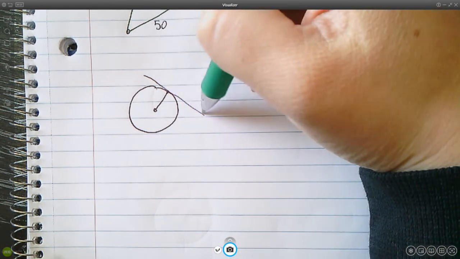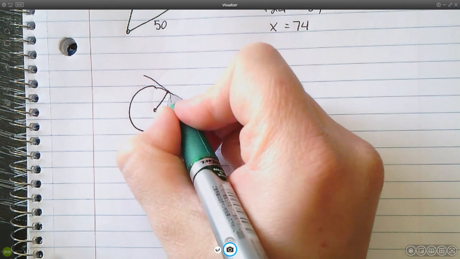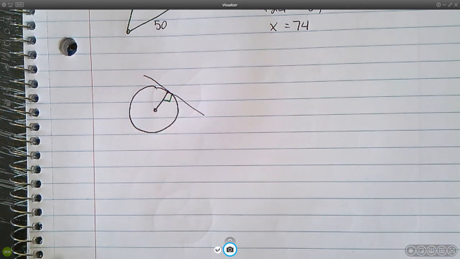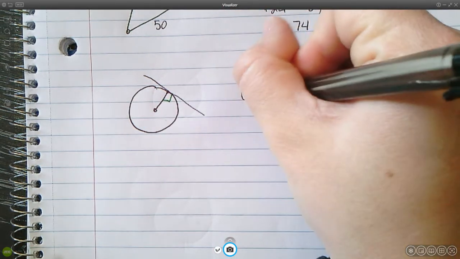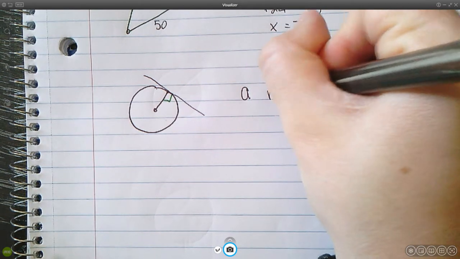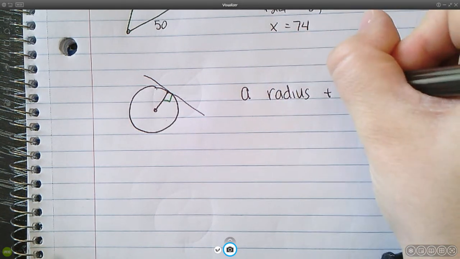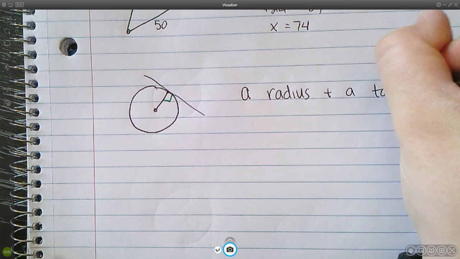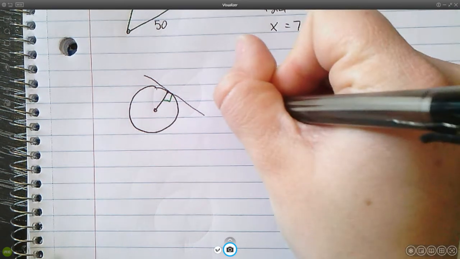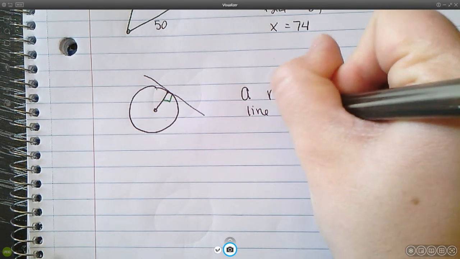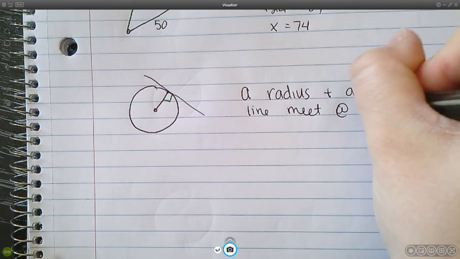This tangent line and this radius come together at a 90-degree angle. So we can write that: a radius and a tangent line meet at 90 degrees.